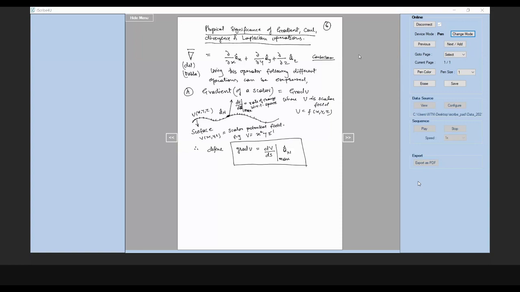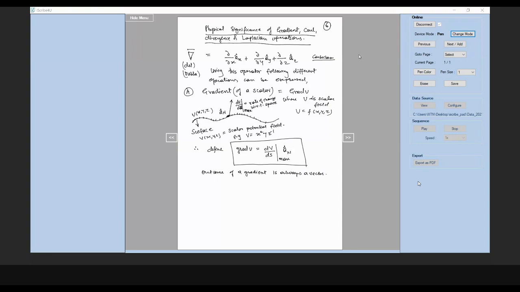Now, a few things to keep in mind is the outcome of a gradient. The outcome of a gradient is always a vector. As is evident here, a cap n is present, which means this dV by ds max quantity gets multiplied by a cap n, so your final answer has to be a vector.